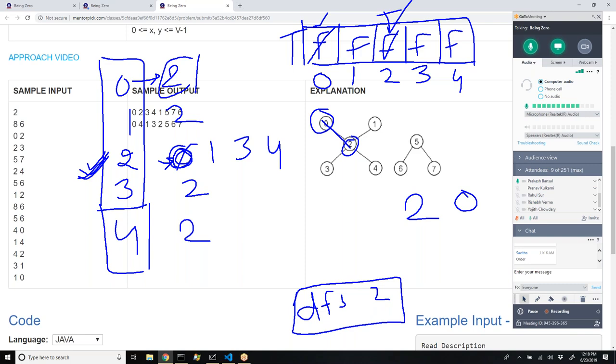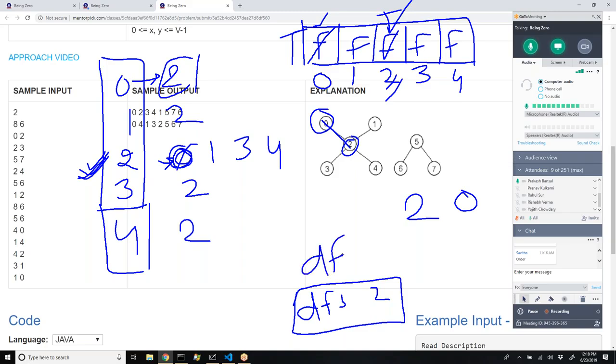But this time what will happen? Because 2 is visited, that boundary case is protecting us. So the guideline we are still keeping the same. When we are making recursive call, we are not making them conditionally. We blindly make a recursive call and boundary case handles returning. So 0 made a call to 2. 2 said I'm done. So we return back.